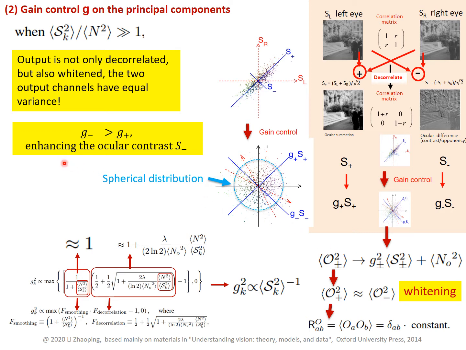And this serves to enhance the ocular contrast, because this weaker channel is in fact reflecting the contrast between the two eyes. Enhancing this contrast helps us to see stereo depth, and this is the strategy when the signal to noise is high enough.